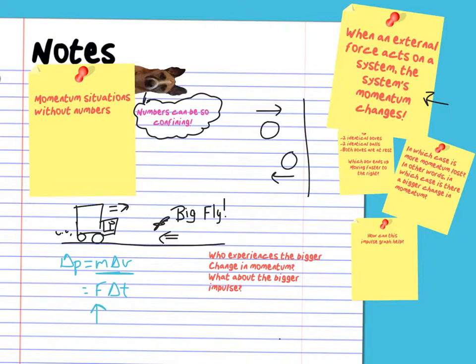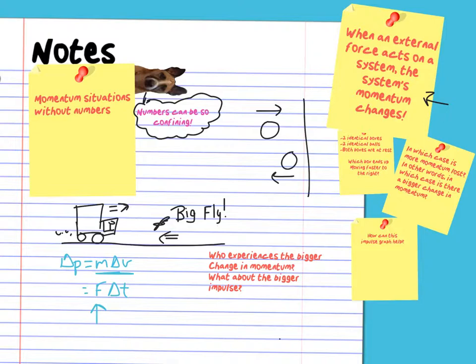And delta t, that's the time that they collide. Well, is it possible to have a collision where one object collides longer into the other than the other? No, that's just not possible. If two fists collide, or your closed fist hits your open hand, they are in contact the same amount of time.